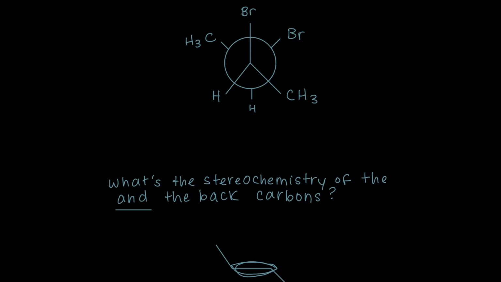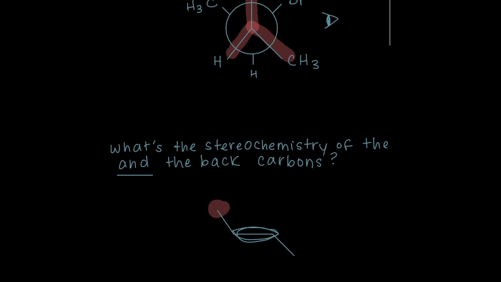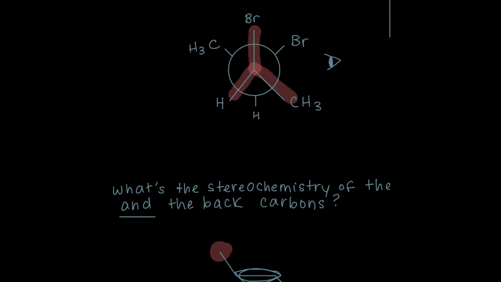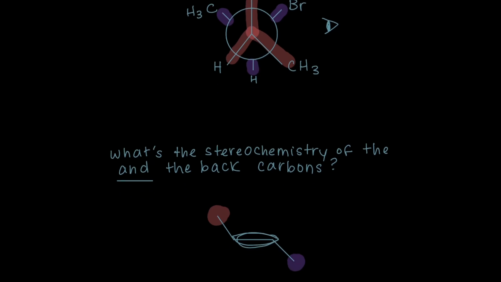Well, then we're going to look at it from this side right here, in which this front carbon is going to be now on our left over here. And then this back carbon is going to be over here.